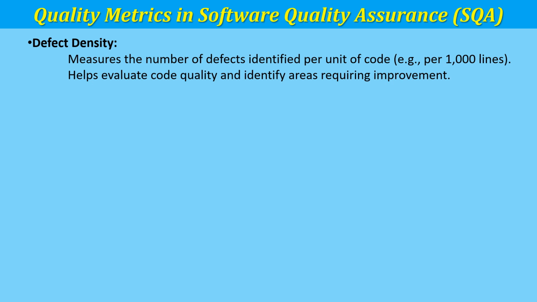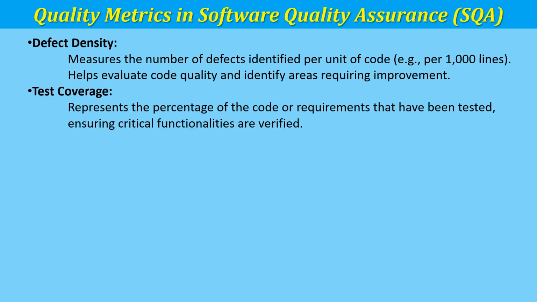Quality metrics in SQA. Defect density. Monitoring defect density highlights trends in code quality over time and assists in prioritizing areas for refinement. Test coverage. Higher test coverage indicates thorough testing, reducing the likelihood of undetected defects and enhancing overall quality.